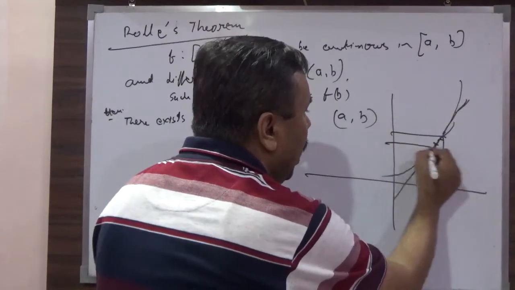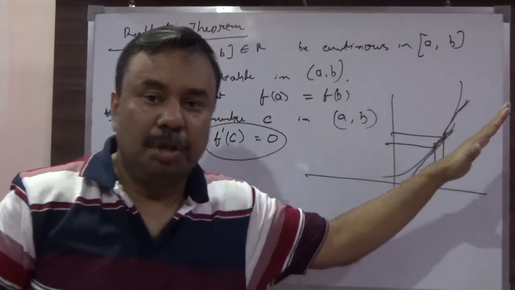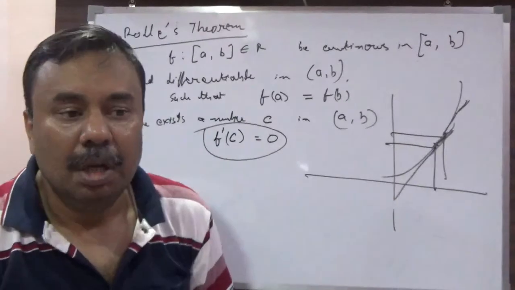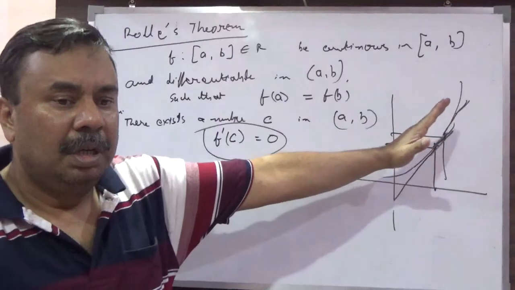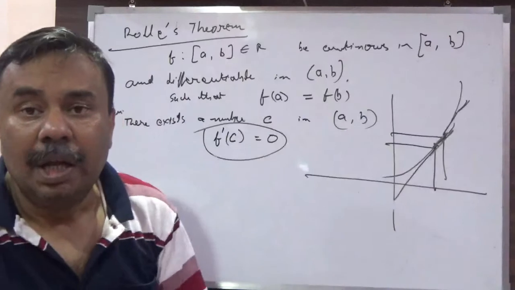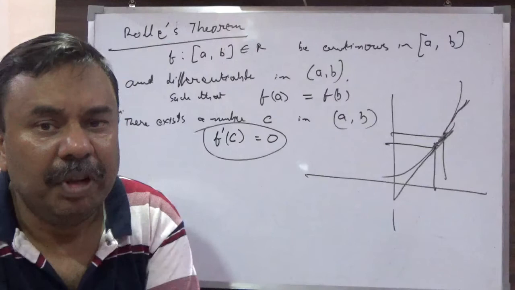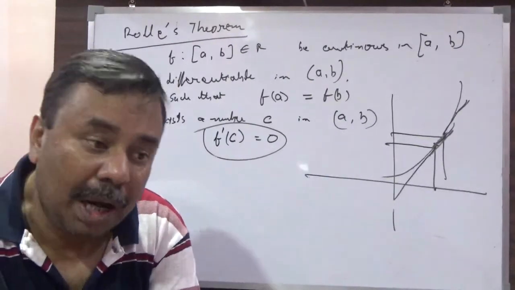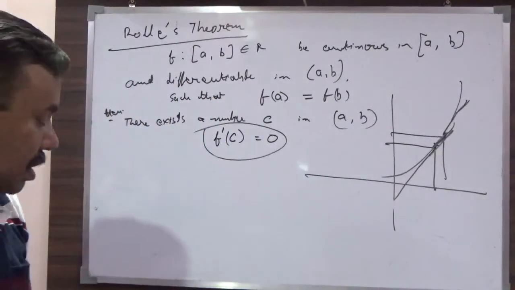That is the angle made by the tangent with the positive side of the x-axis. The rate of change is actually the slope. So if the slope is 0, that means the angle made by the tangent with the positive side of the x-axis is equal to 0, or I can say that the tangent is parallel to the x-axis.